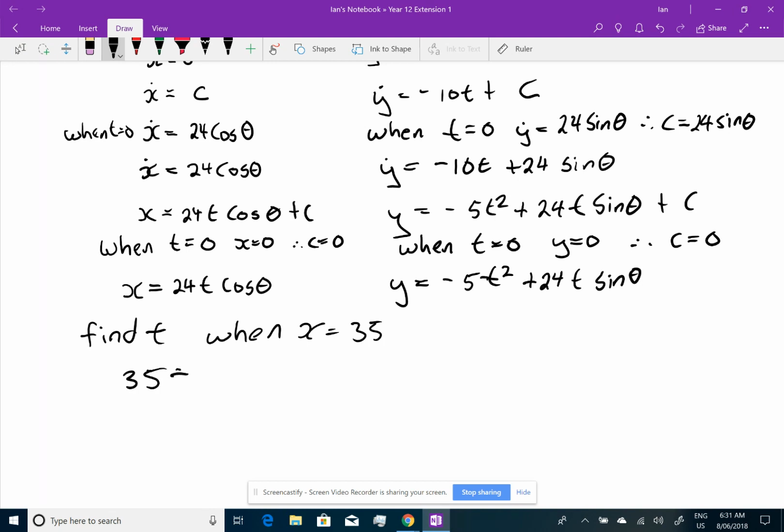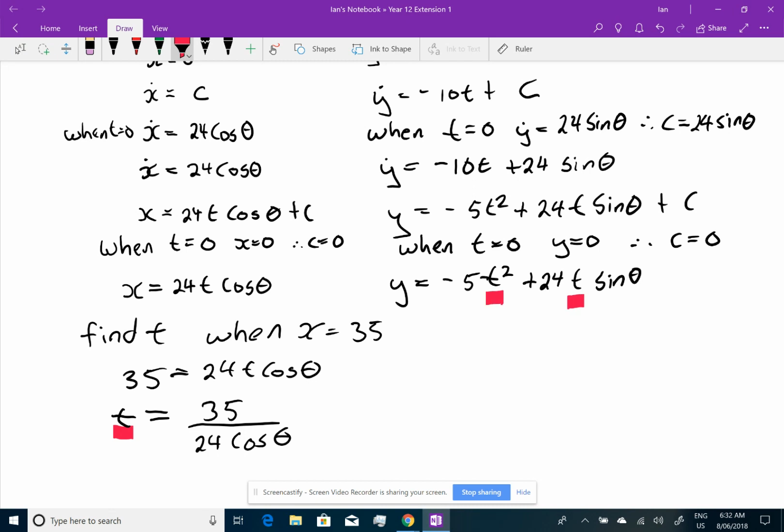35 equals 24t cos theta. So t will equal 35 divided by 24 cos theta. And you're thinking to yourself, well, that hasn't helped me, but it has, because we can substitute that t in here and here.